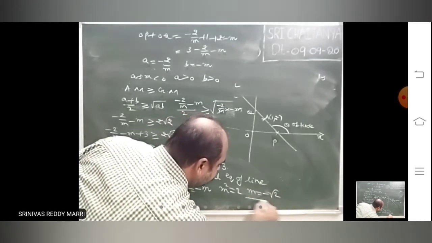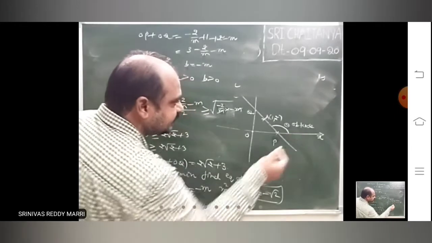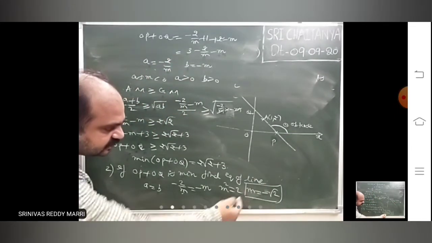M is minus root 2. Don't take positive, because this line will make an obtuse angle. Only take minus root 2.